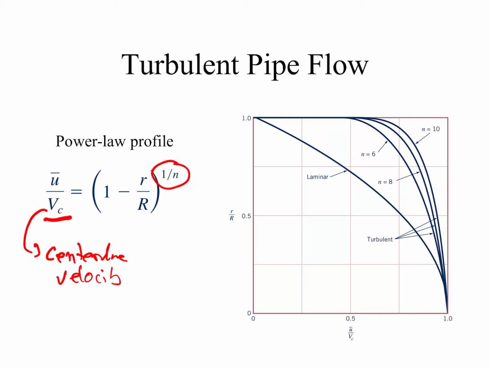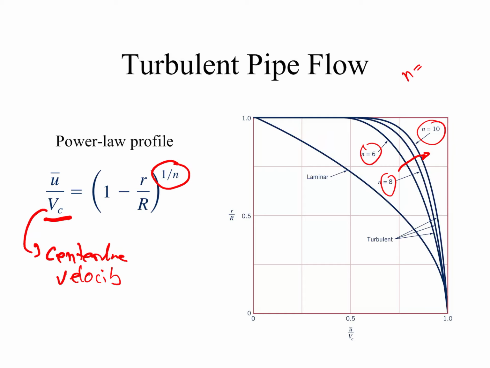On the right-hand side, you have examples of the different values of the exponent 1 over n, so n equal to 6, 8, and 10. You can see as n increases, we have a stronger gradient at the wall and a flatter profile.